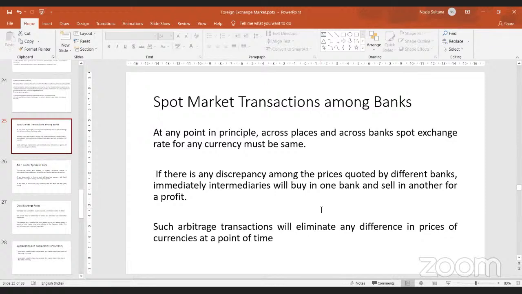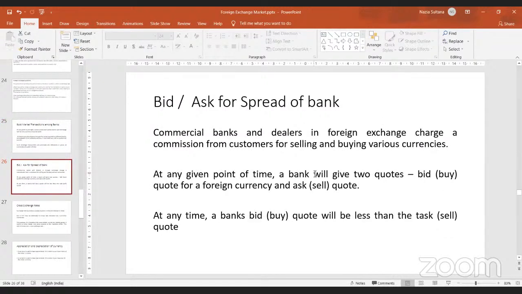In case banks are engaging intermediaries like brokers, then through them they will do it, or directly through wire transfers, that is, through the online method, they would do spot market transactions. Banks can also quote a bid-ask spread.